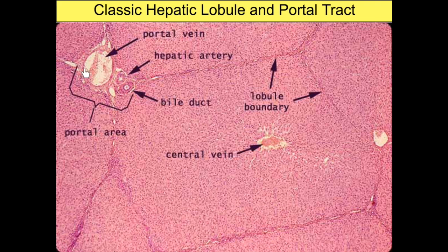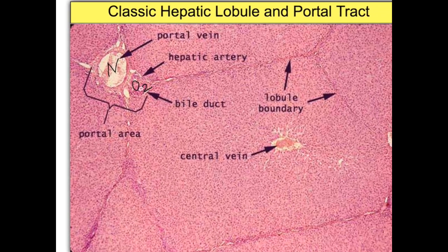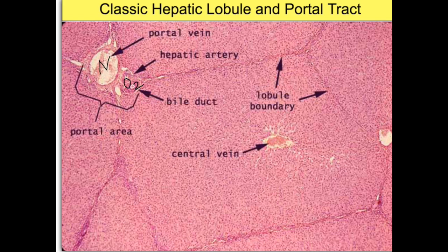A branch of the portal vein bringing the nutrients. So this one is carrying the nutrients which are absorbed from the small intestine. And a branch of hepatic artery bringing oxygen. And as well as we have here the bile duct.